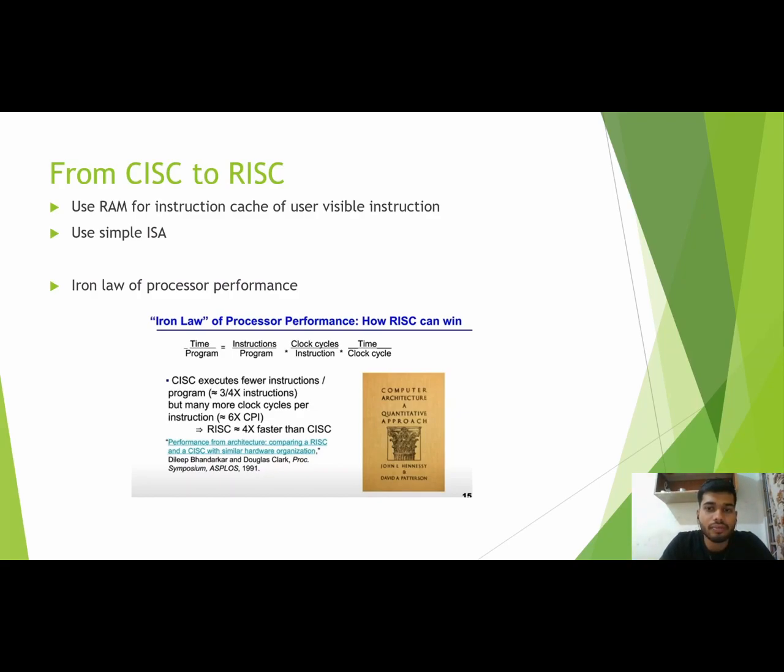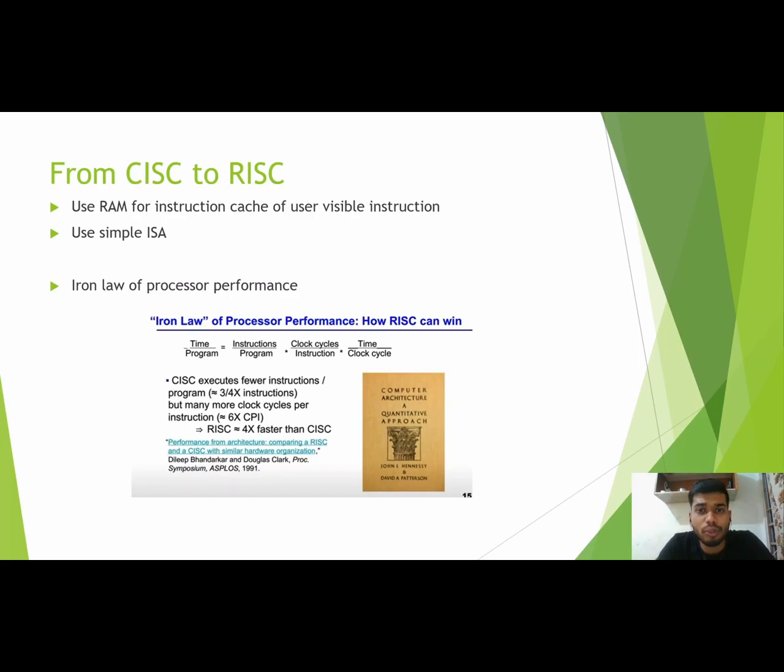Now for CPI comparison, CISC has 2 to a max of 15, whereas RISC has only one cycle for almost all instructions, and the average CPI is less than 1.5.